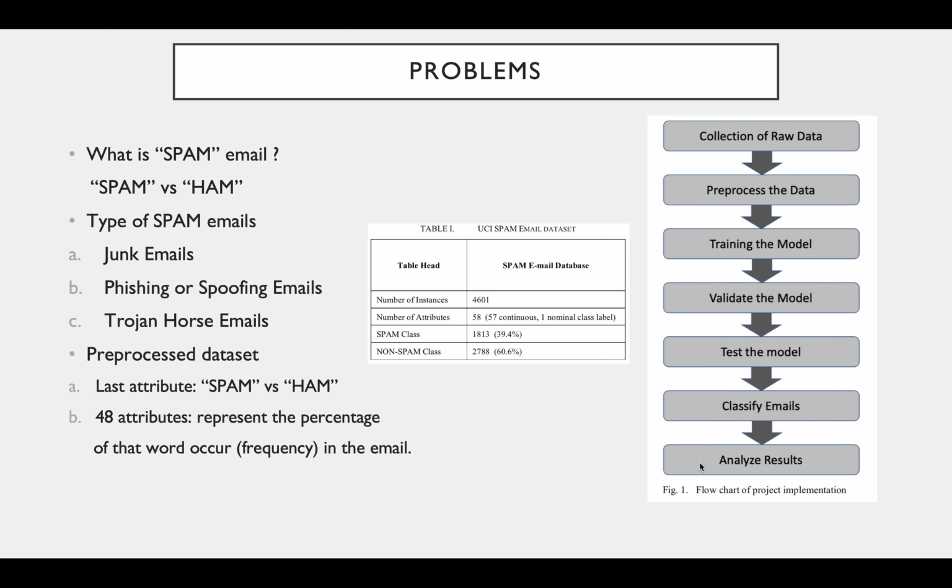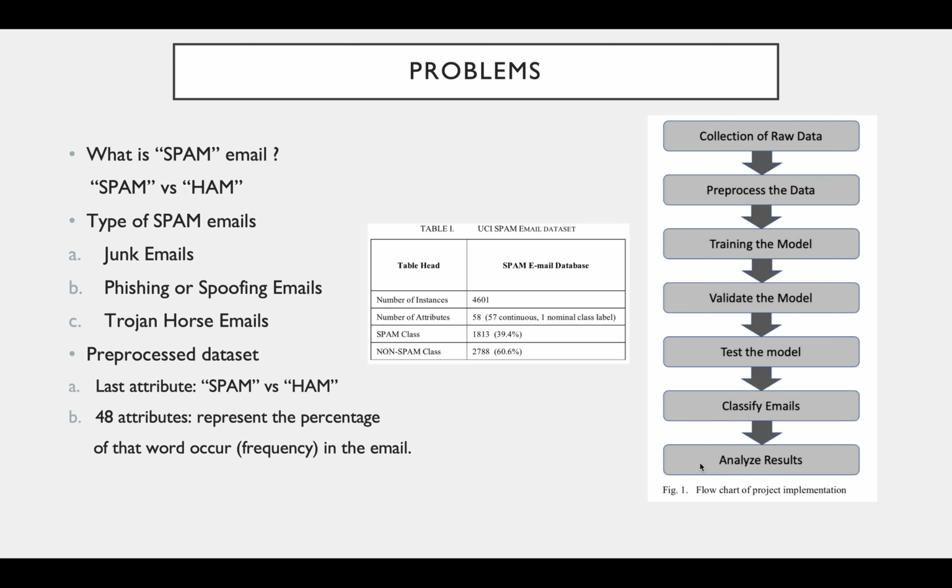So first, we need to know what is spam email. Spam email, basically, we can say it is the email that we do not expect to receive in our inbox. Spam means the bad emails, and ham means the not harmful emails. There are at least three kinds of spam emails.